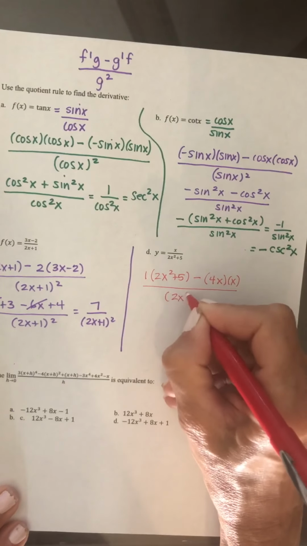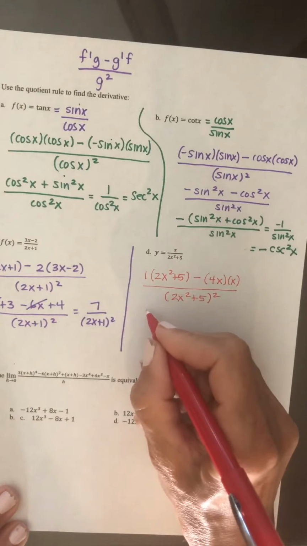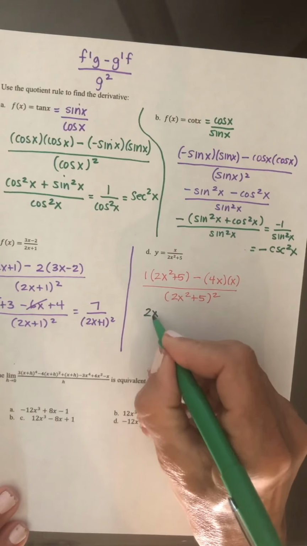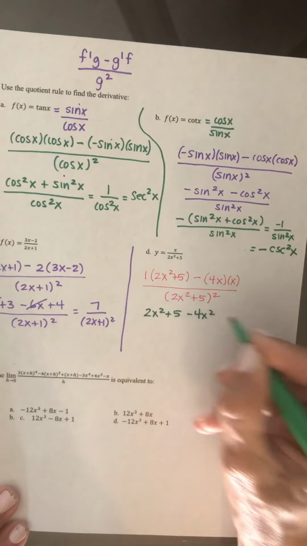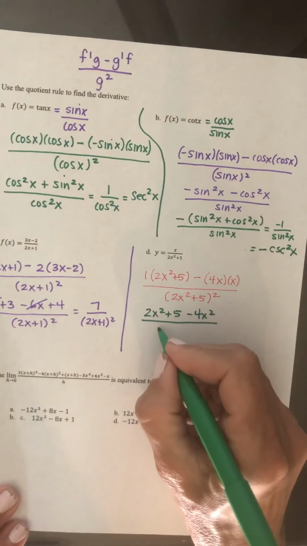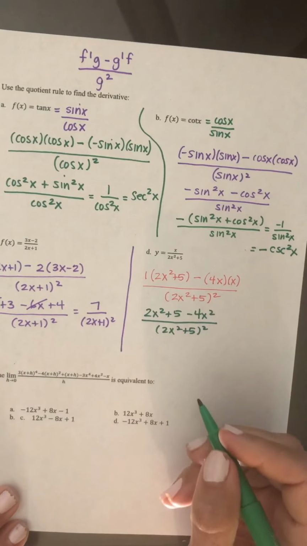That could be messy, but let's see what happens. All right, let me switch my colors. 2x squared plus 5 minus 4x squared. That's not too bad. All over 2x squared plus 5 quantity squared.